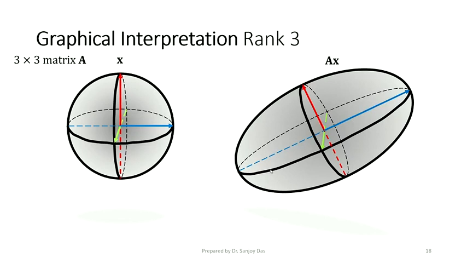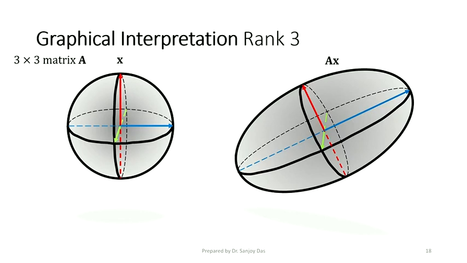As a matter of fact, these red, blue, and green lines here, they are the eigenvectors of the matrix A. And if the matrix A is symmetric, then the eigenvectors will be orthogonal, and the directions of the eigenvectors will be preserved when we do AX.